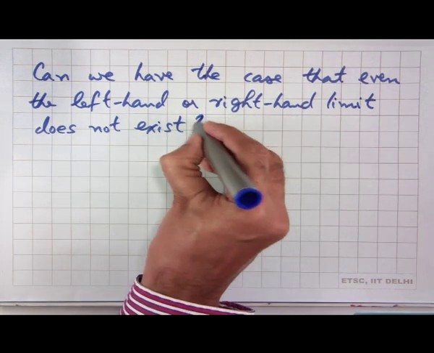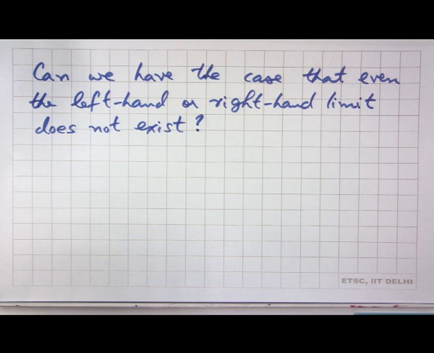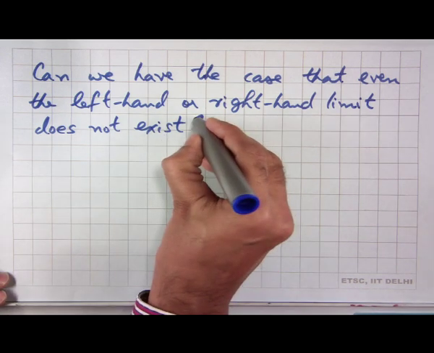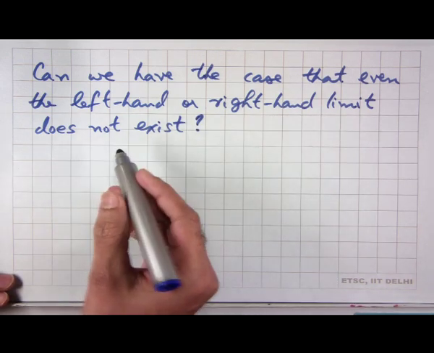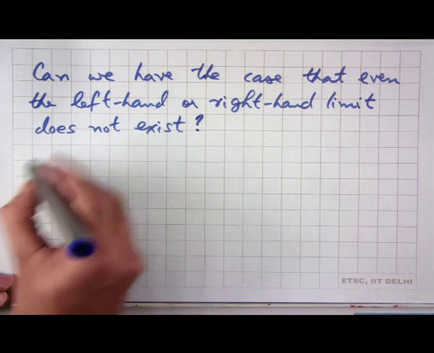In the previous example we saw that the left hand limit and right hand limit exist, but they are not equal, so the limit does not exist. But can we have this case? So, let us consider this.